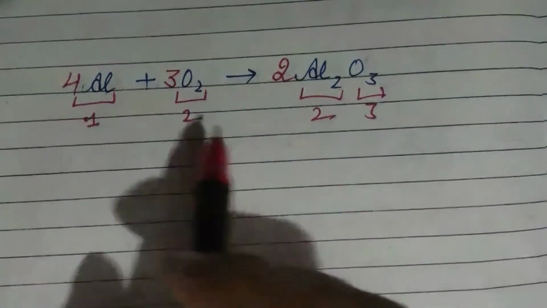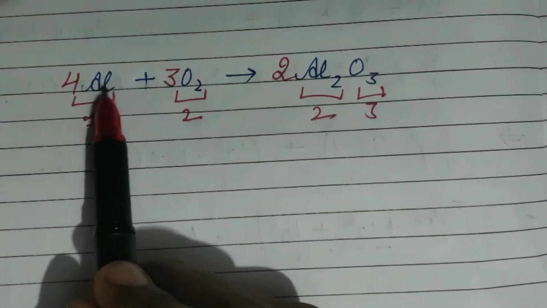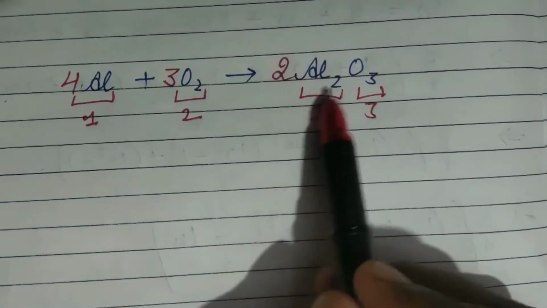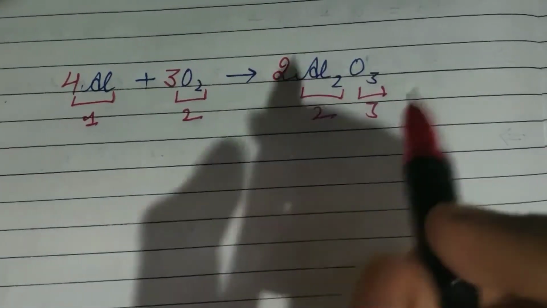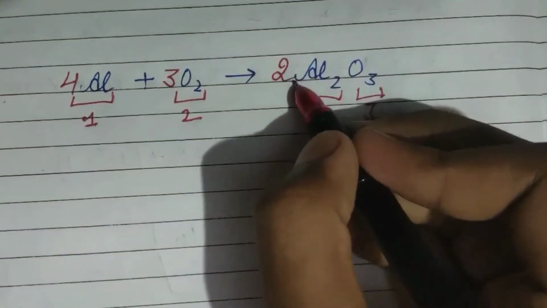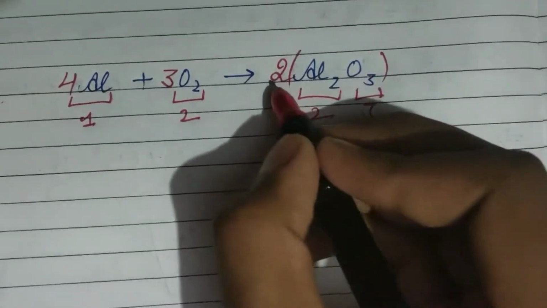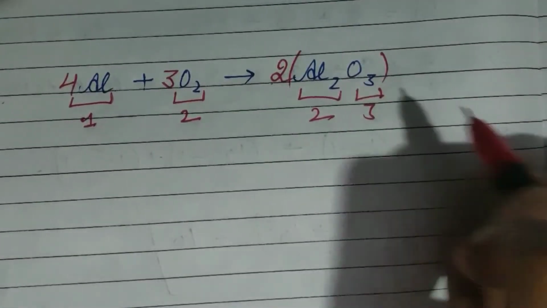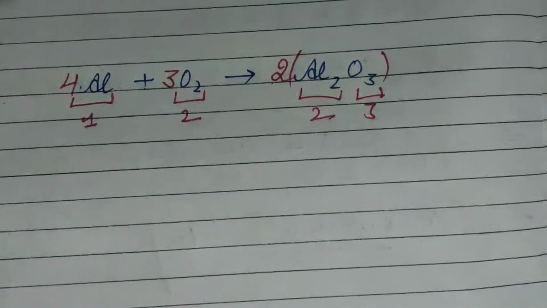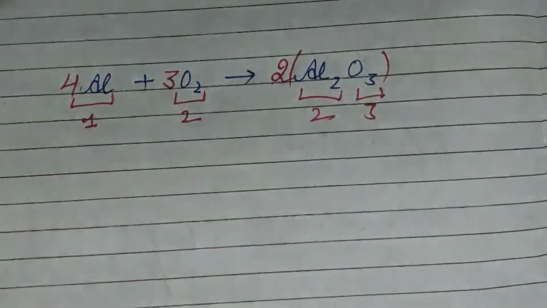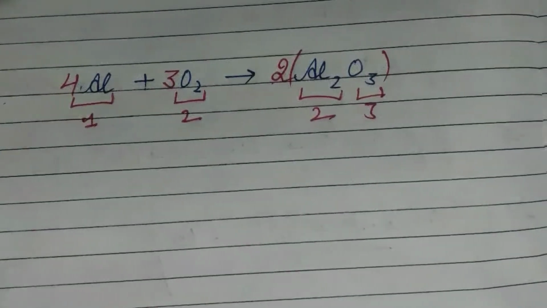So see now, aluminium here is 4, at the product side it's also 4, and oxygen here is 6, and here it's also 6. When I'm writing 2 over here, that means this 2 is getting multiplied with both of them. Yeah, so 2 3s are 6, so oxygen is 6 over here too. So this equation has been successfully balanced.